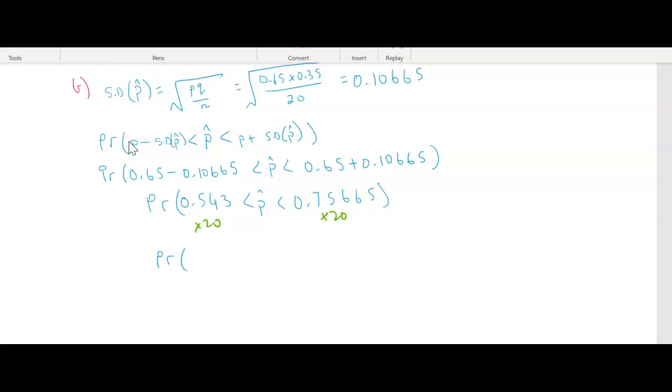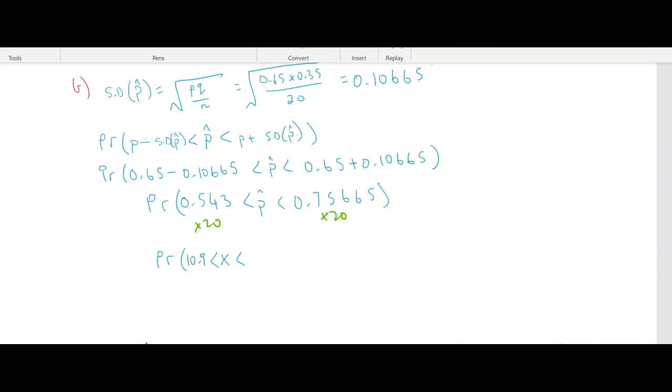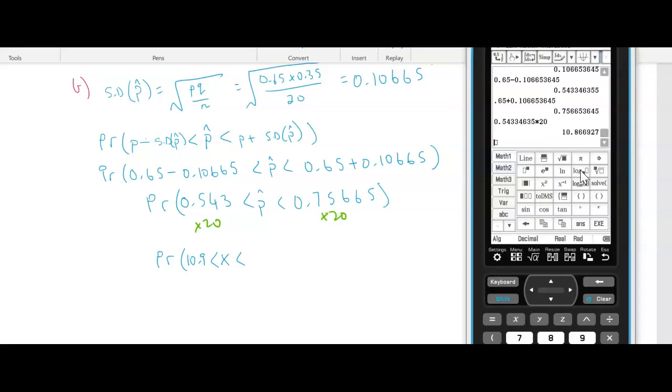So remember, in the video we change it from our sample proportion, p hat, to x. So I'm going to take this value and multiply it by 20. So we've got 10.9. And then the other one, 15.1.